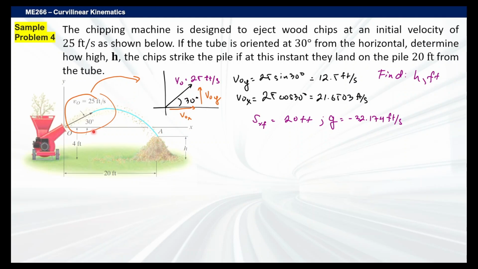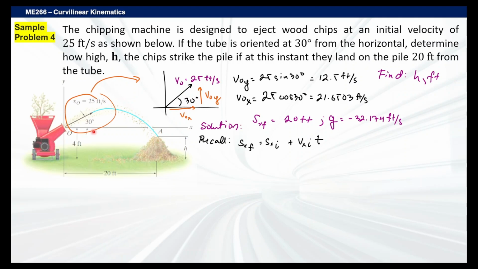since we have our initial velocity dito, and we already have our final position at 20 feet, we can, I think, determine the total time it takes for the wood chip from its outlet to the pile. Okay, so we can label that as total time OA, and we can use this formula.